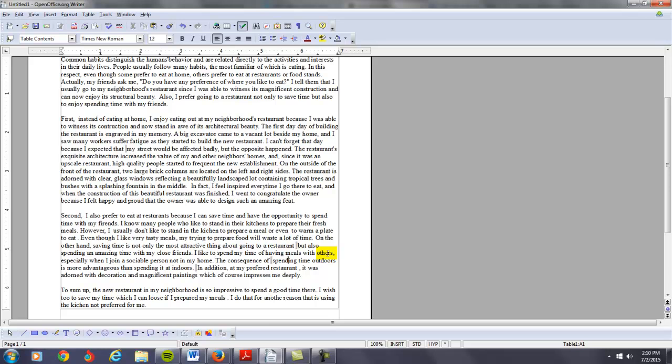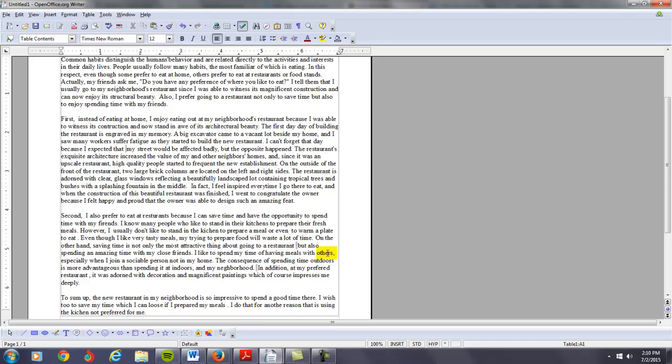The consequence of spending time outdoors is more advantageous than spending it indoors. In addition, they say that.